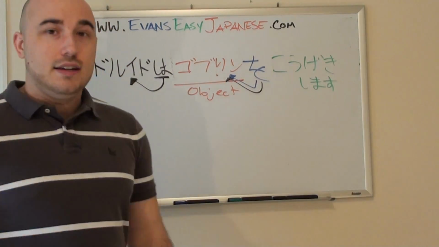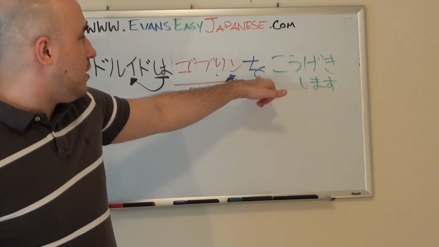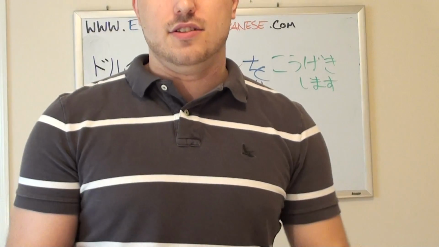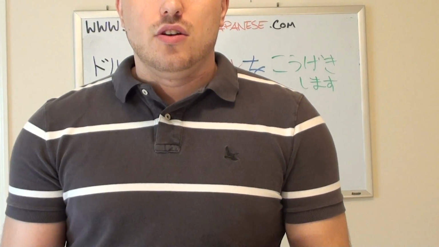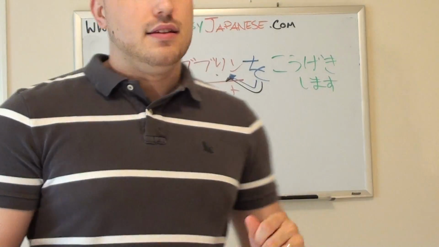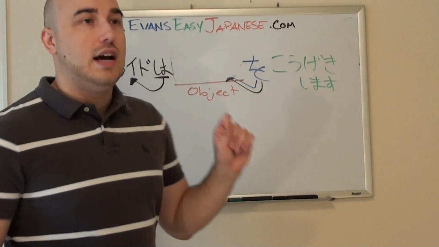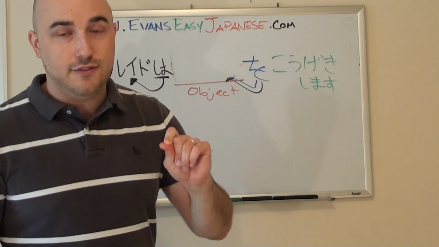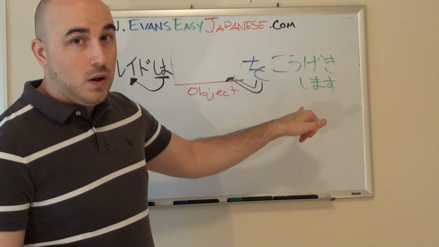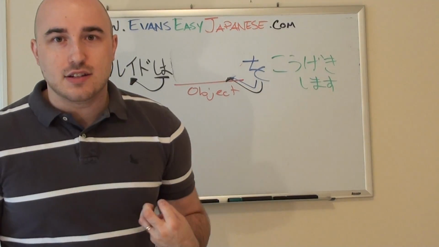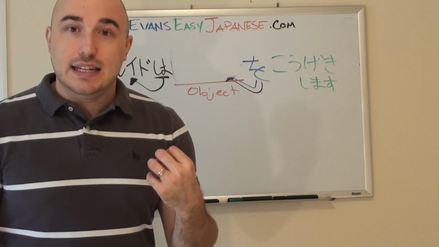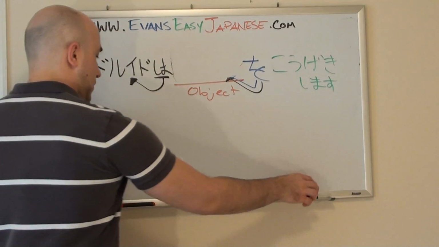Now, because we have this o here, when we want to say something like, what does the druid attack? We will use the word nani. You do not use nan before the particle o, just for pronunciation reasons, it is nani.